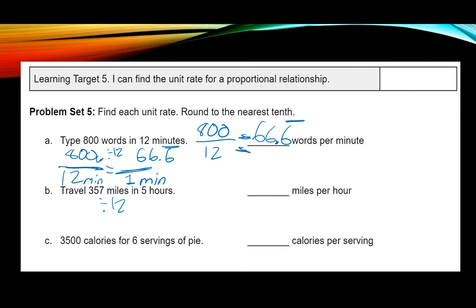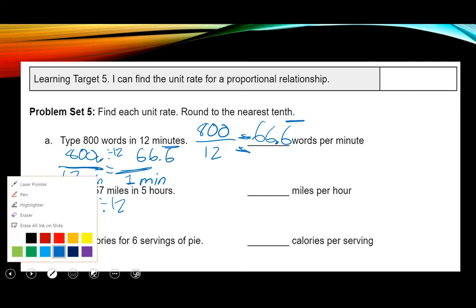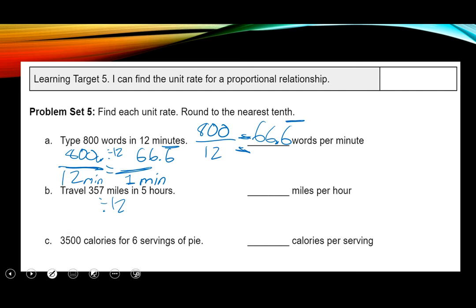So now we're moving on to the next one. Travel 357 miles in 5 hours. We'll do the proportion again. I know you guys don't want to, but we're going to. So we have our distance on top, our y or dependent variable, over our hours that we're driving, which is going to be 5.